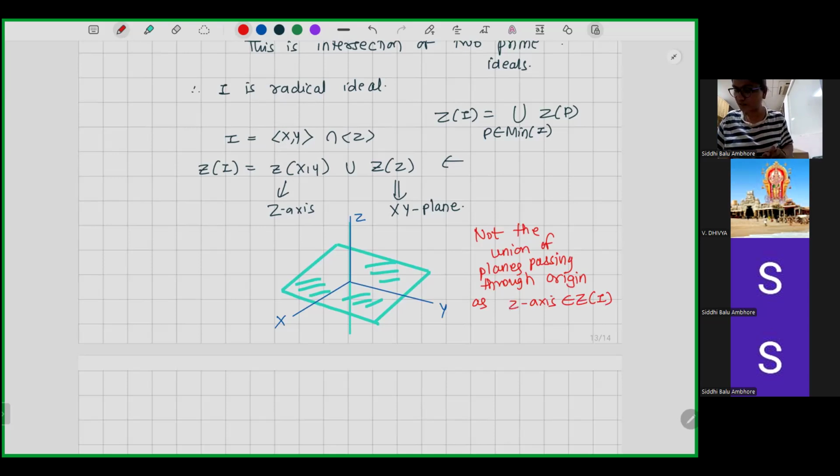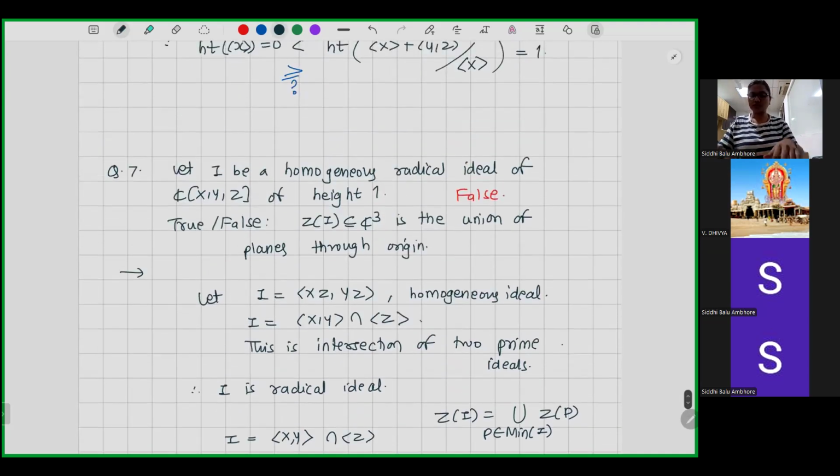This z-axis belongs to the zero set of this I. Is this okay? This xy plane along with this z-axis is the zero set, which is not of the form which is asked of us, the union of planes passing through origin. I hope this is okay.